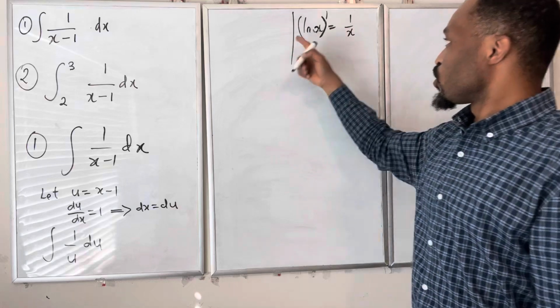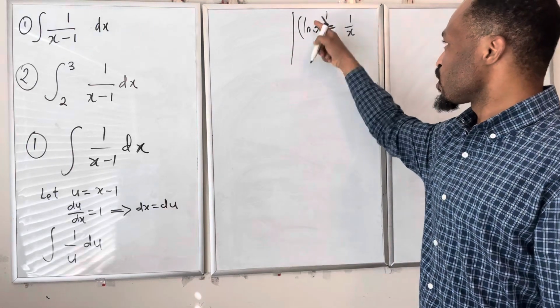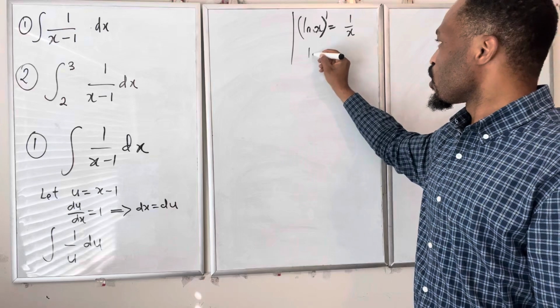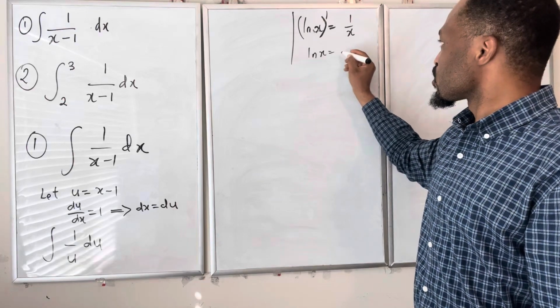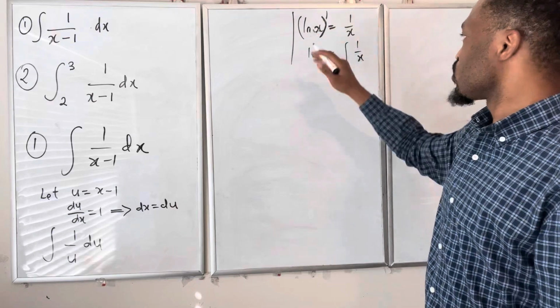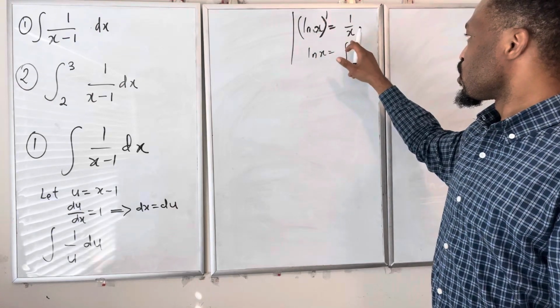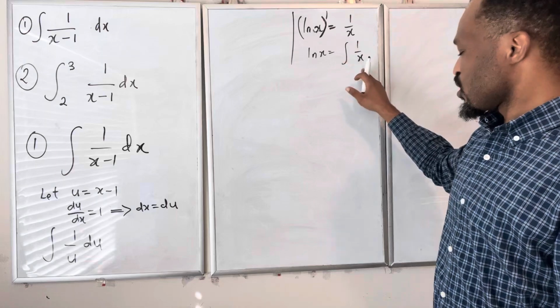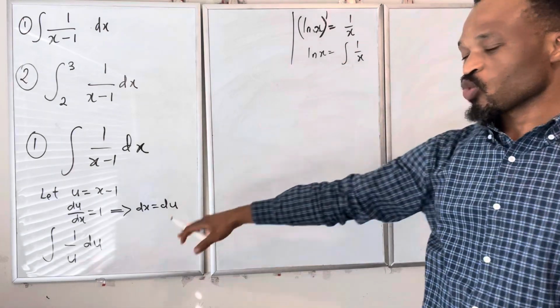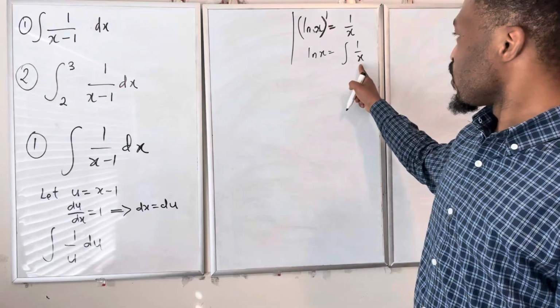If I want to undo this prime, if I take the integral of both sides, I'll have ln x is equal to the integral of 1 over x. We'll apply that rule here. So when I integrate 1 over x, I'll get ln x.